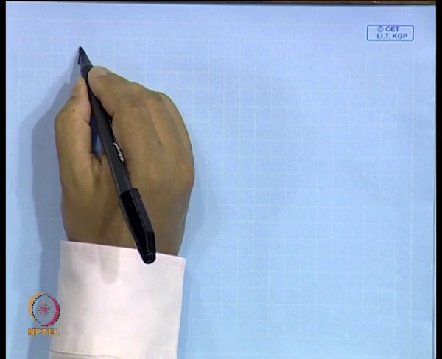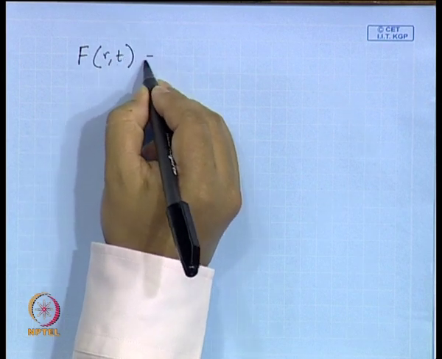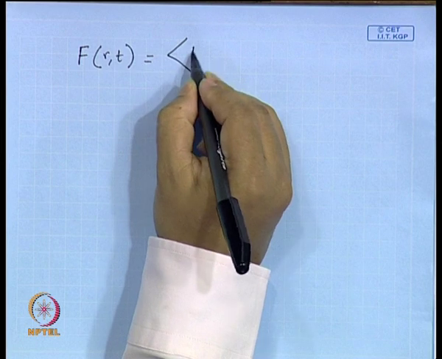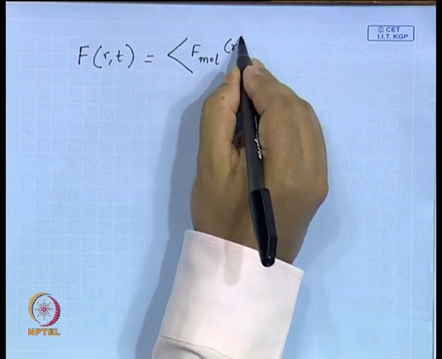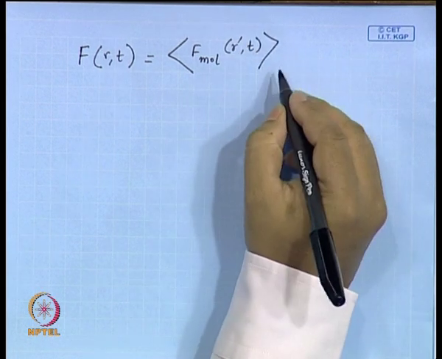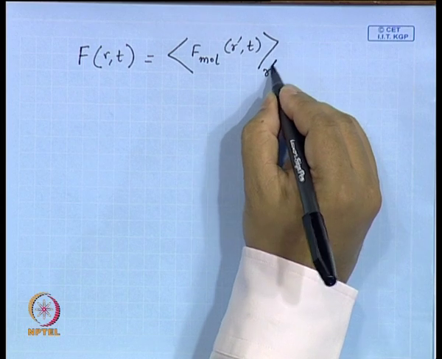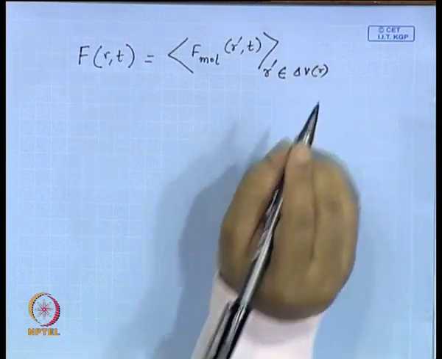Let us write this expression as F(r,t) is equal to the average of some molecular quantity f(r',t), where this r' belongs to this set.